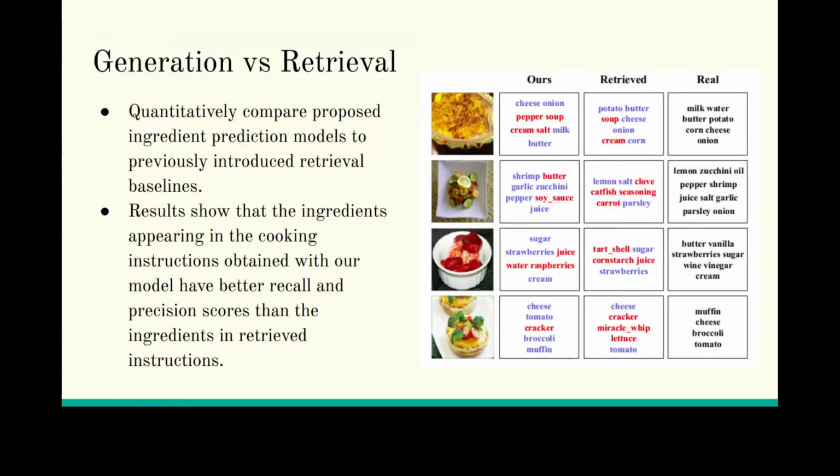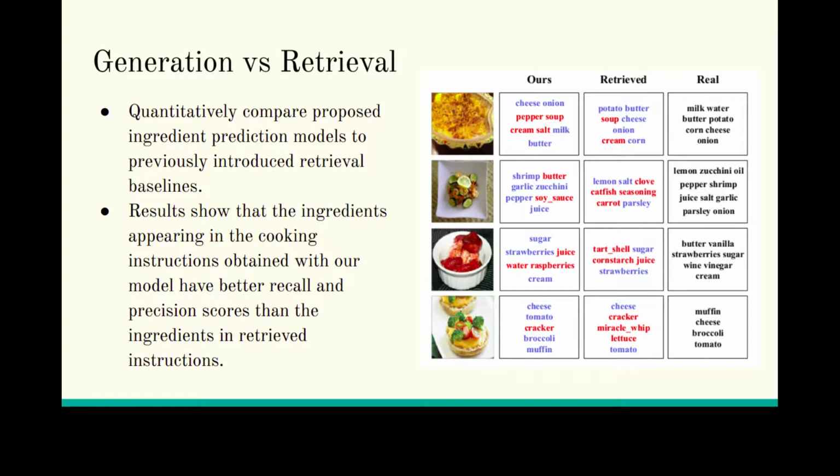Generation versus retrieval. In this section, the paper compares the proposed recipe generation system with retrieval baselines, which are used to search recipes in the entire test set for fair comparison.